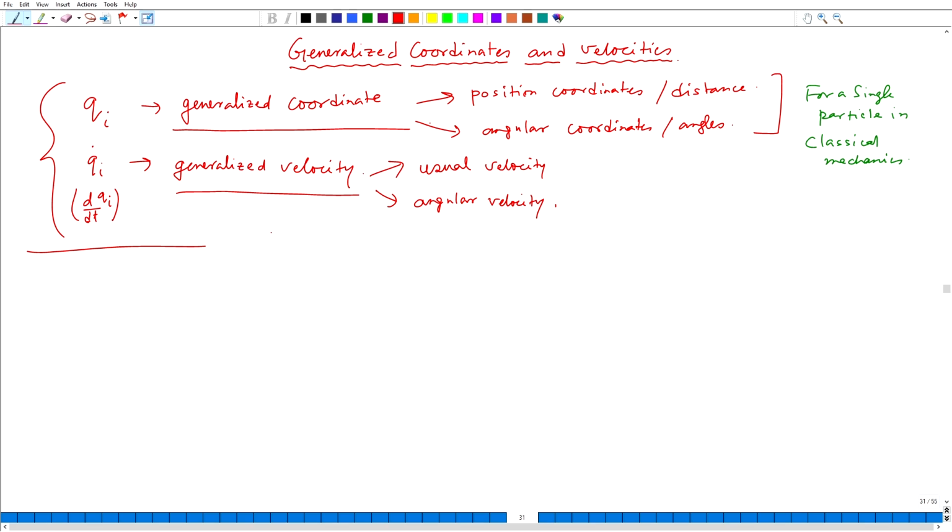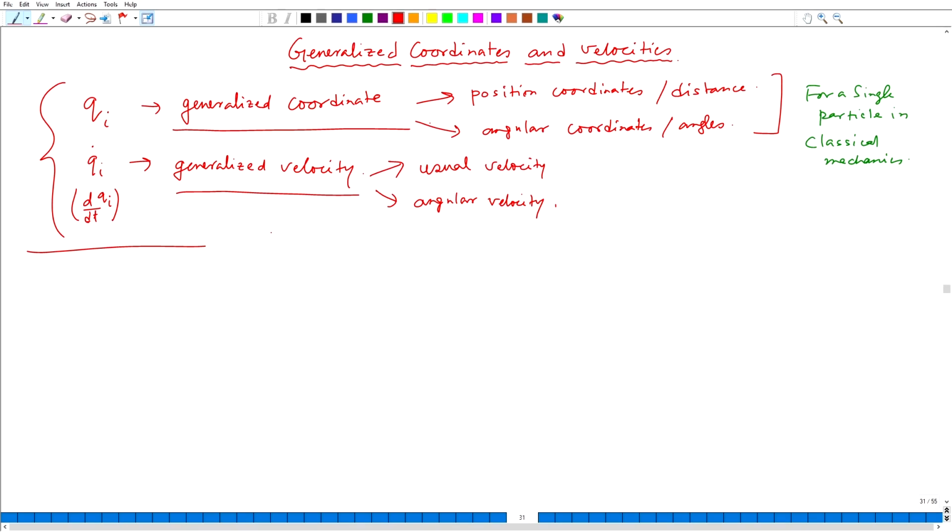Now, you will see that the use of generalized coordinates is quite advantageous with respect to the use of normal or usual Cartesian coordinates, because in several systems, symmetry wise, the Cartesian system is not the correct one. For example, just locating the position of a particle on a sphere or on a cone, Cartesian coordinates can be used, but this is super difficult.